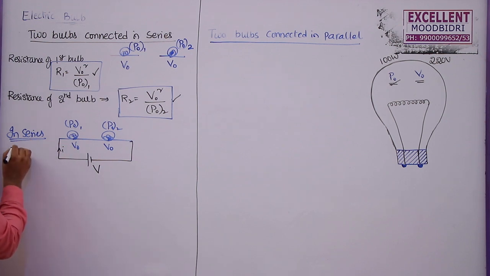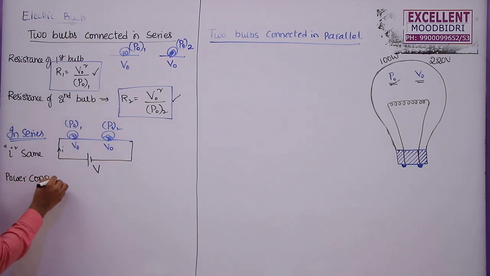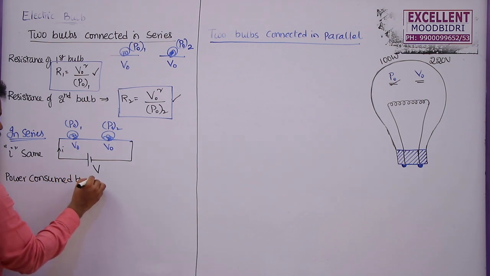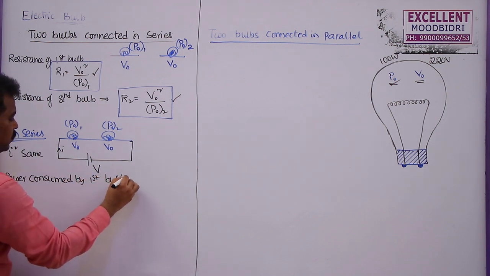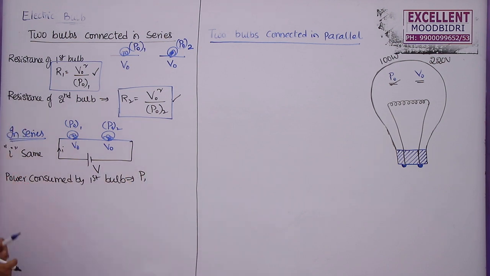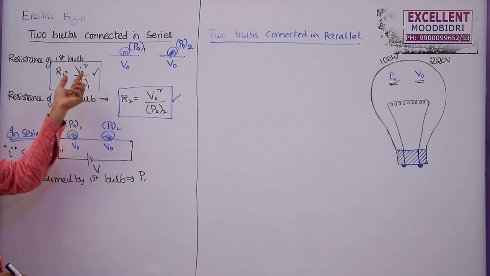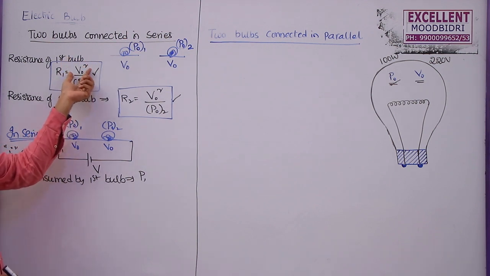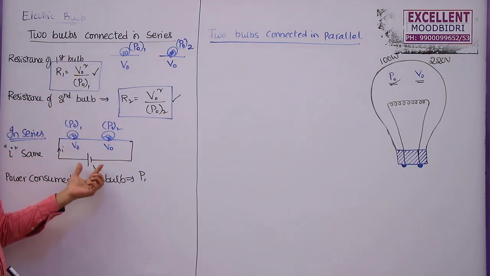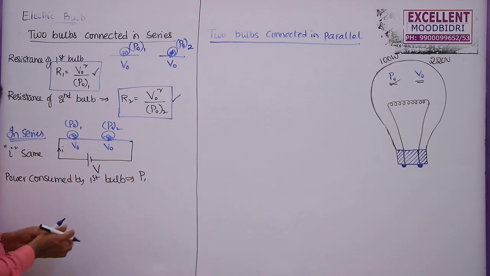In series combination, we know that the same current flows through the first bulb as well as the second bulb. What is the power consumed by the first bulb? To find out power consumed, let me take P1. Don't confuse between P01 and P1. P0 means rated power, this is rated voltage. So this is the new voltage of the source and this is the power consumed now.